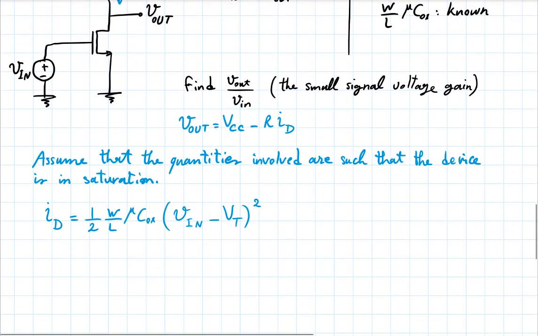Knowing this, now find the small signal gain. Assuming that the parameters are such that your device is in saturation, so that you have a formula for the output current, well defined, as a function of the input voltage. You see, you have the total output current here. You have the total input voltage here.